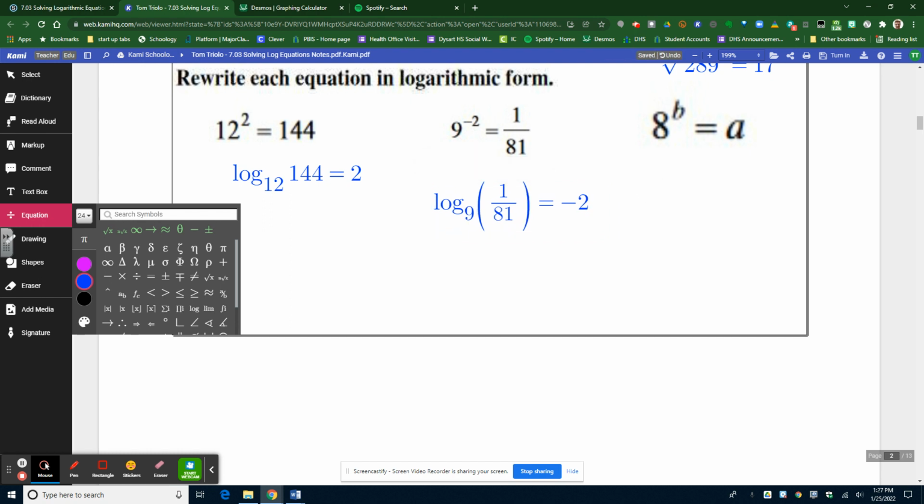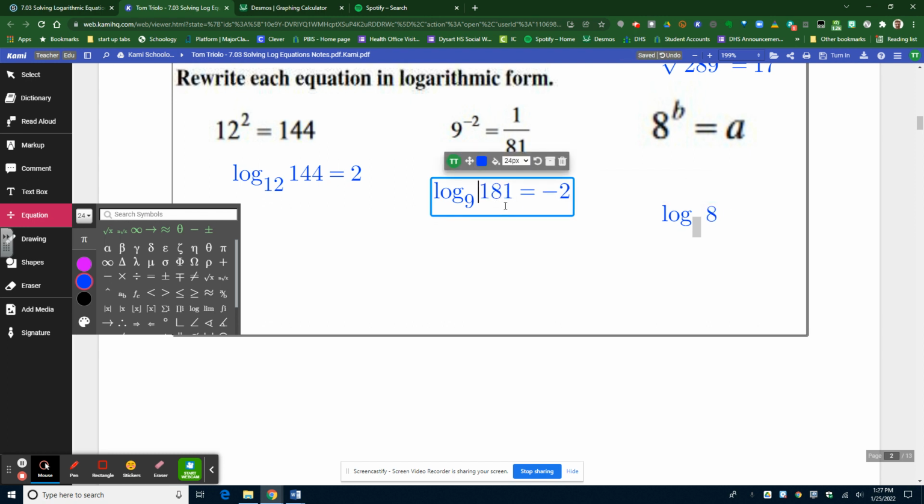And last but not least, all right, Ahmad, go. Log base B, because B stands for base? No. B is the exponent. What's the base? 8. Okay. Now B?